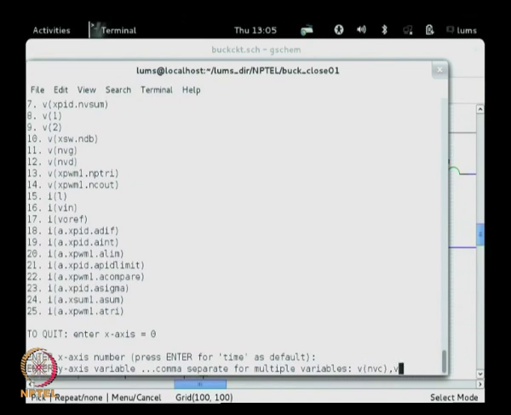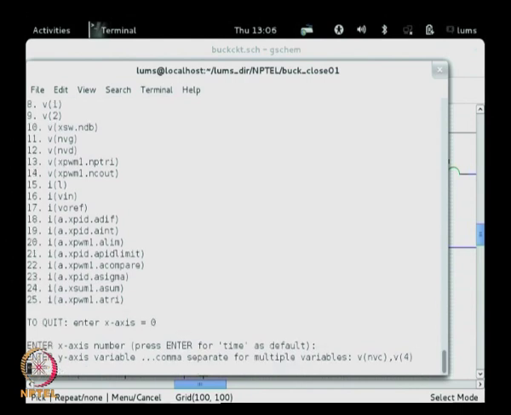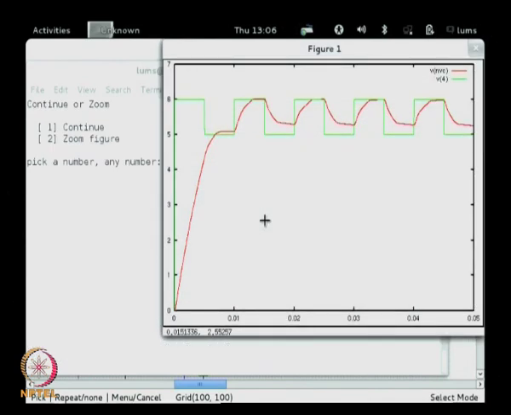We would also like to view the control voltage, the pulse V naught ref. So, you see that for those values of Ki and Kp, this is V naught ref, 5 to 6 volts every 5 milliseconds up and down.